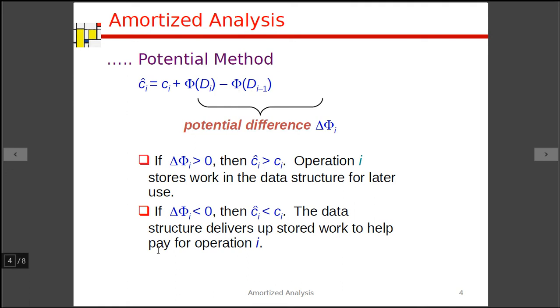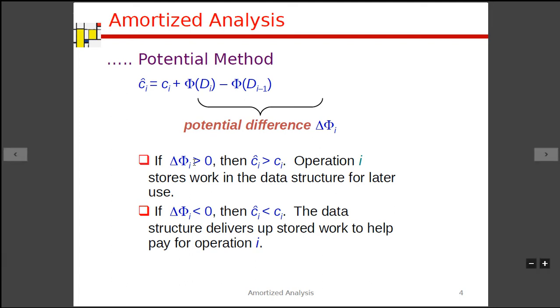Let us try to understand the potential difference. The amortized cost C-hat of i is equal to the cost of the current transaction plus the difference between the current and the previous potential. This particular difference we call delta phi of i, that is called the potential difference.